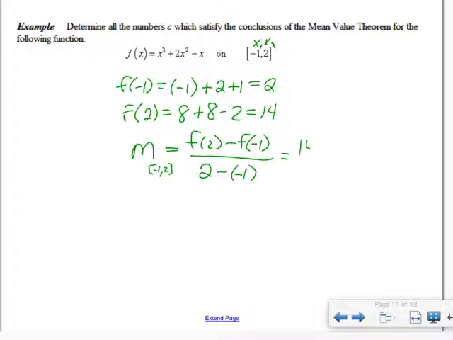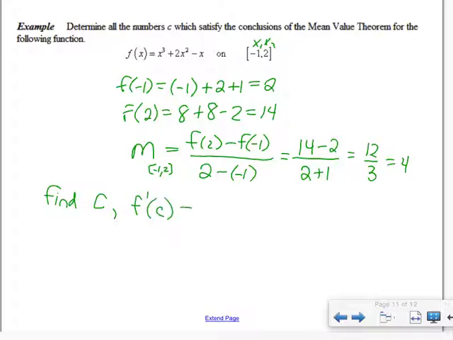So that's going to be 14 minus 2 over 2 plus 1, which is 12 divided by 3, or 4. So what do we know? Well, there is a c such that the first derivative of the function at c must equal 4. So we should be able to find some c where the first derivative of c has to equal 4.